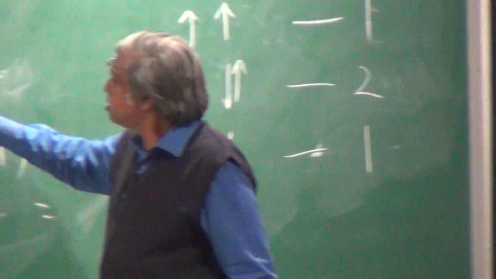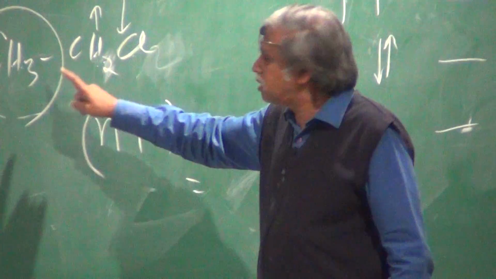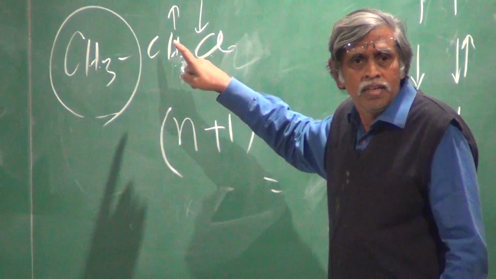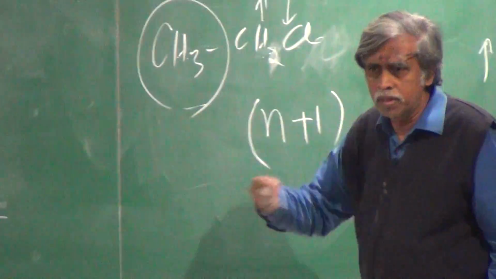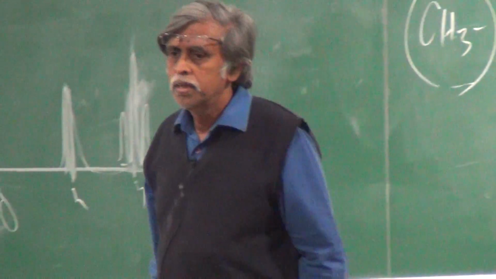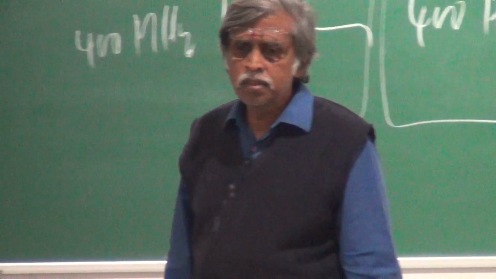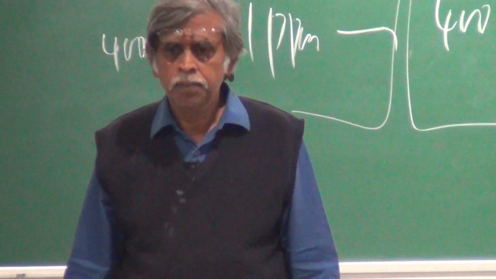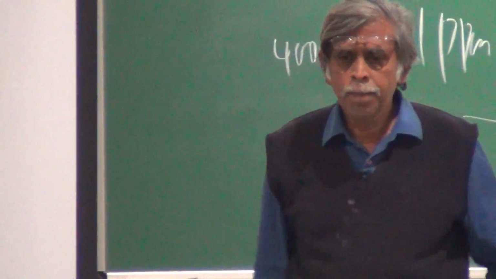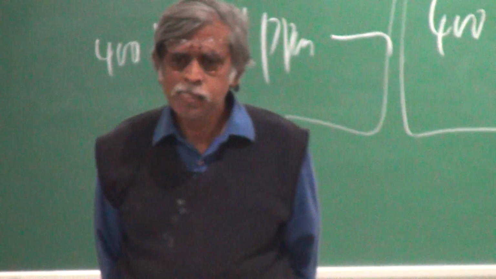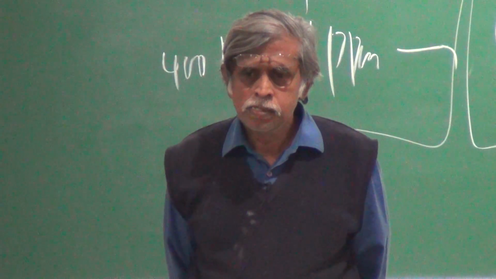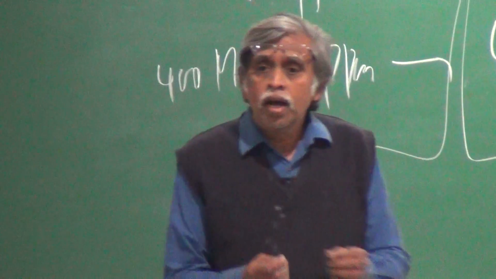Let's see what will happen to this fellow. Just like this guy got split by this guy, this must be split by this one. So, the intensity would show at 1, right? The intensity would show at a place.